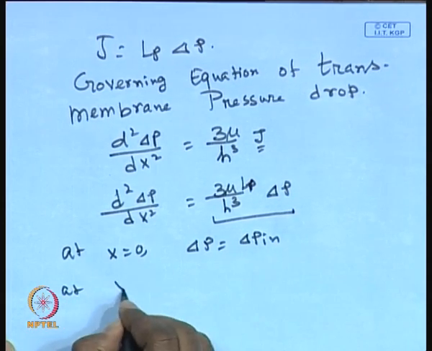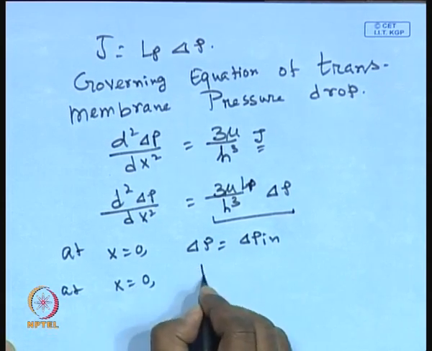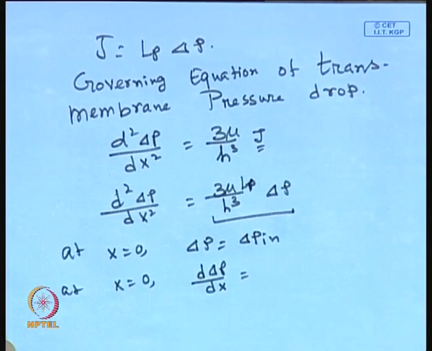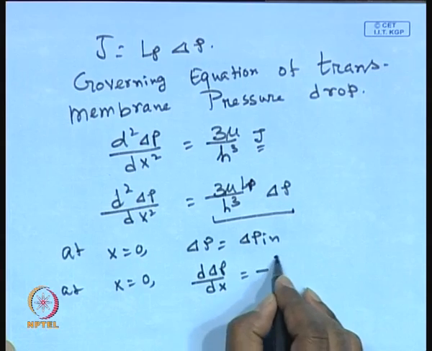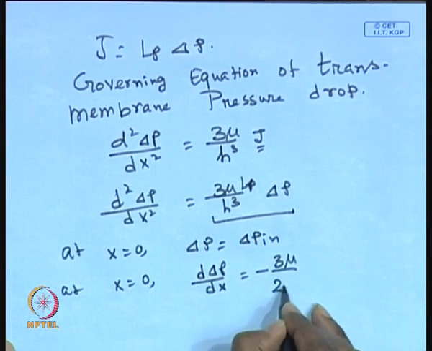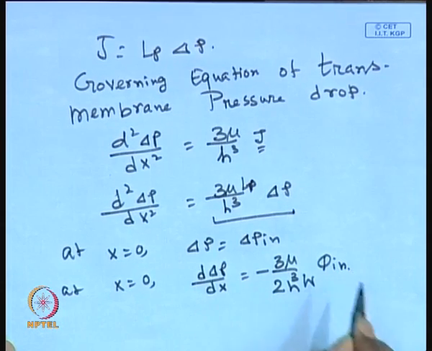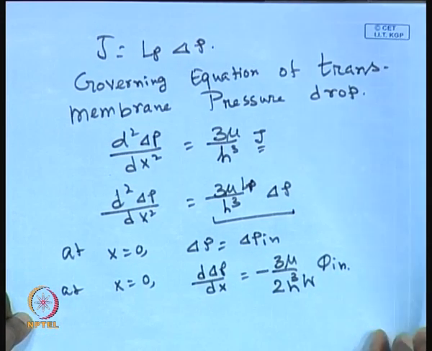At x is equal to 0, d delta p dx will be nothing but 3 mu divided by 2 h cube w times q in. Okay, so let us see how this can be tackled.